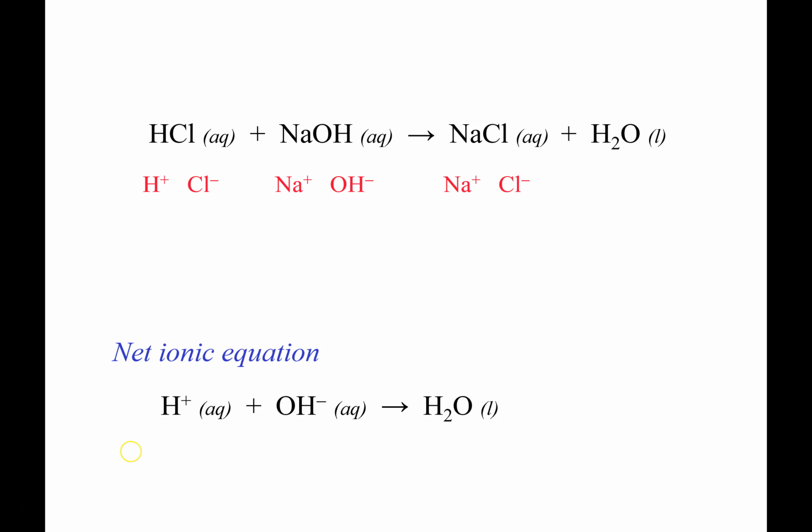What were our spectator ions were the chloride and the sodium. So actually this would be the net ionic equation. We can identify what's losing a proton and gaining a proton. The chloride ion is losing a proton, and the hydroxide ion is picking up a proton.